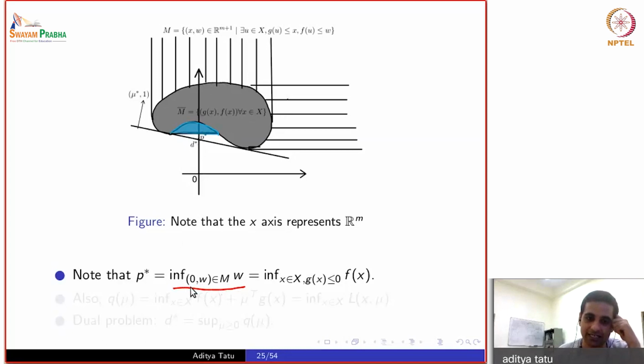The x coordinate is 0. What does that mean? X coordinate means g(x), isn't it? Y-axis means x coordinate is 0. X coordinate, as I just said, is nothing but the value of g(x). That has to be 0. But is that true?